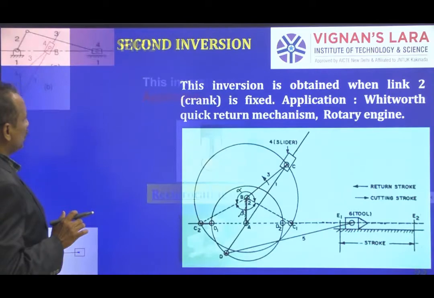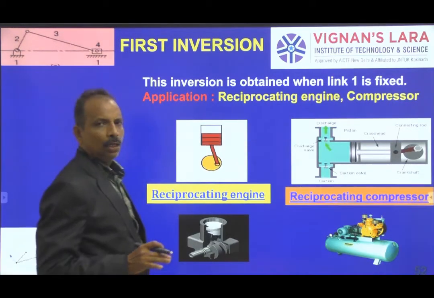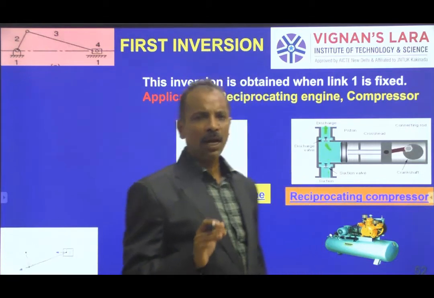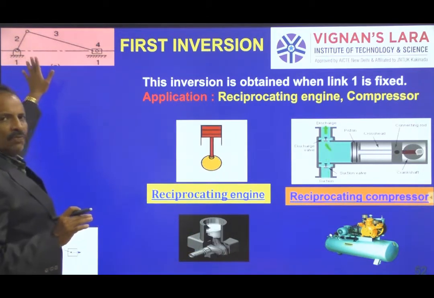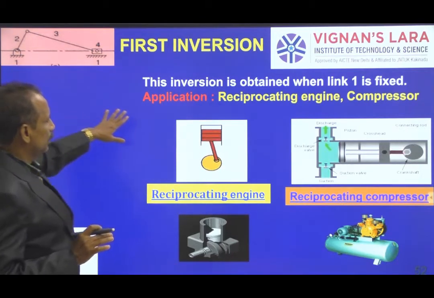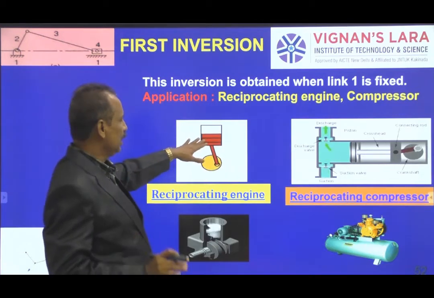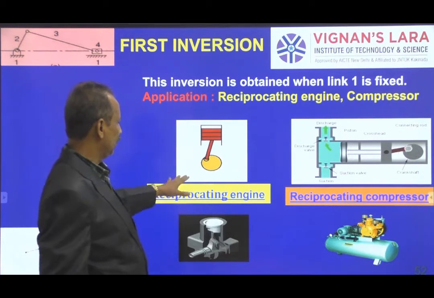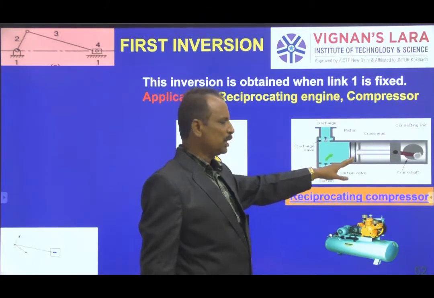The first inversion which we have discussed is the reciprocating engine and compressor. That is, link 1 is fixed and the crank is rotated, then the piston, the slider, slides and in one case gives power and in another case gives compressed air.